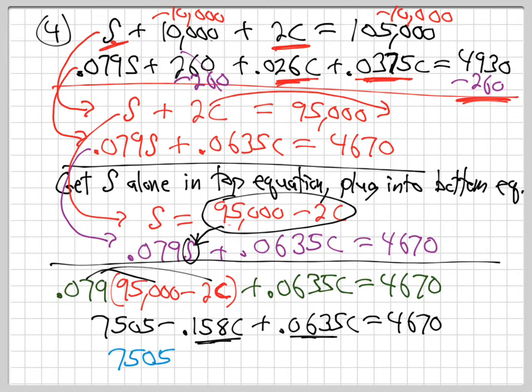What's that going to be? It's going to be negative 0.0945C is 4670. So we're close to getting C. We're still not done. This is a long problem. Let's go to another page.